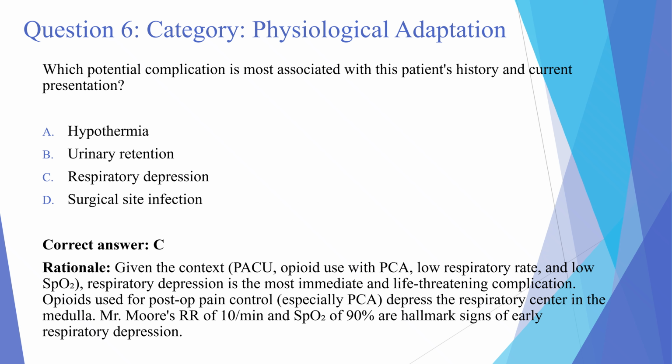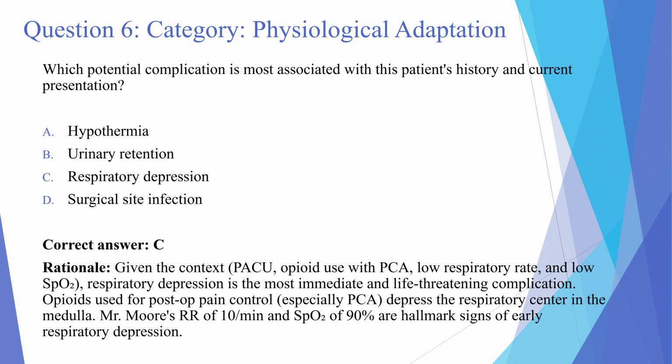given the context: opioid use with PCA, low respiratory rate and low O2 sat. Respiratory depression is the most immediate and life-threatening complication.